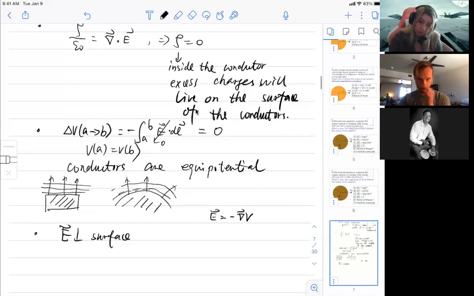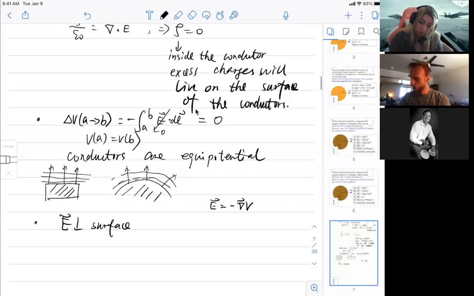So E is perpendicular to your surface. And that means if you have a non-zero E field, the E field can only be perpendicular on the surface of the conductor. You should not have an E parallel to the surface of the conductor.